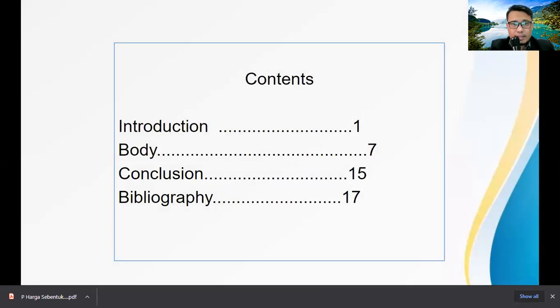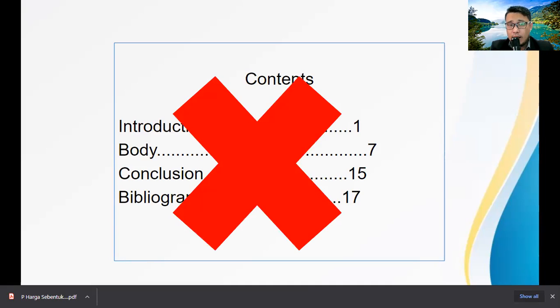And then let's see, what about this one? Yeah, the requirement is there: introduction, body, conclusion, bibliography. But this one is totally wrong. Why? Because the content page is supposed to be more detailed, especially if you are putting subheadings there, so your reader might know what will be inside your extended essay.